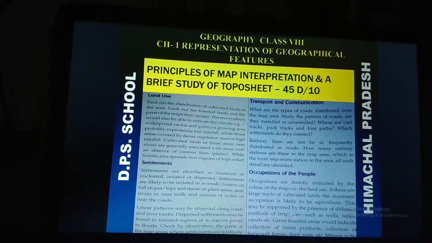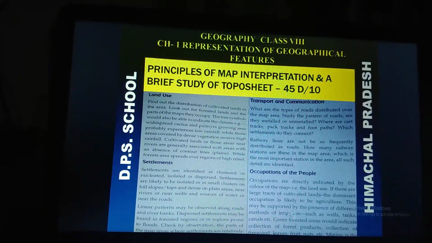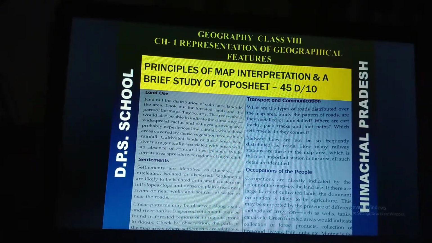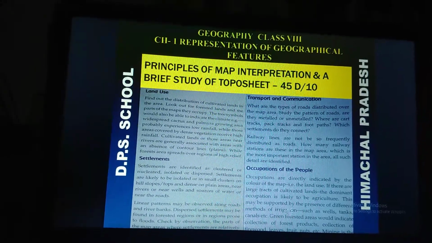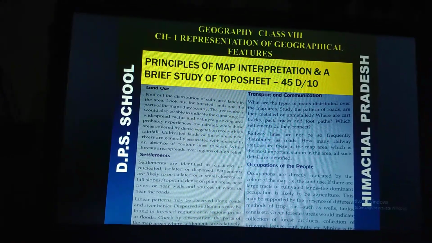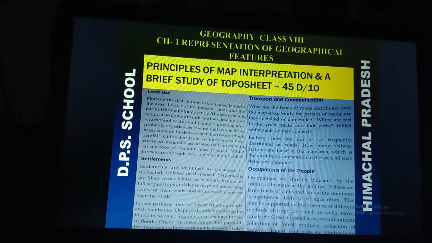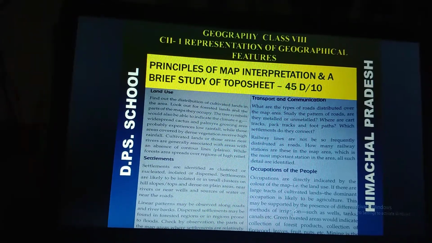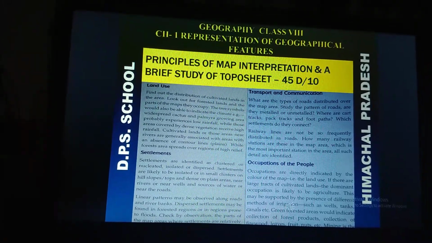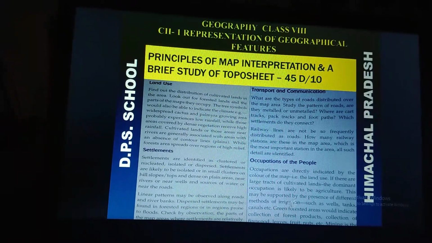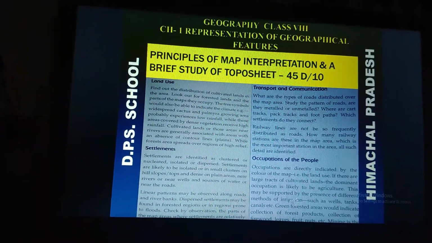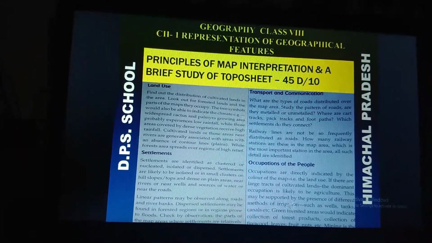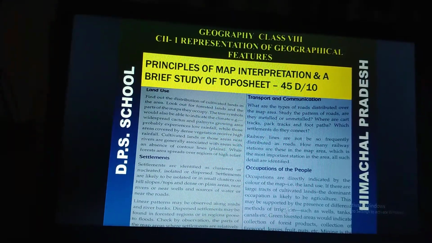So, we can see that if there are large tracts of cultivated lands, the dominant occupation is likely to be agriculture, and they support the presence of different methods, different types, different ways of irrigation and cultivation of the crops, such as the wells, the tanks, the canals, rivers, seas, oceans, etc. And then we see the green forest areas.